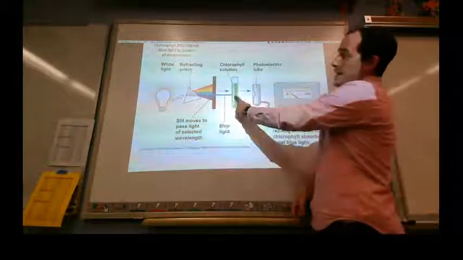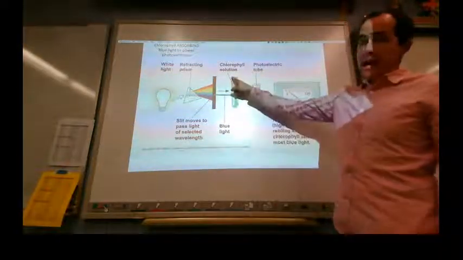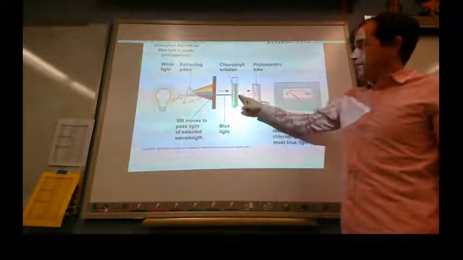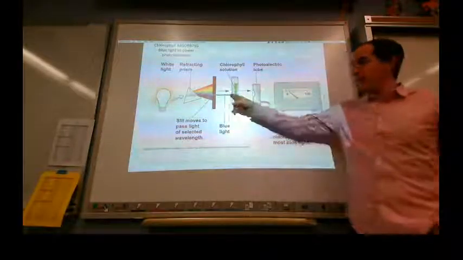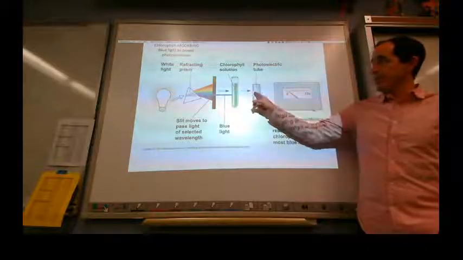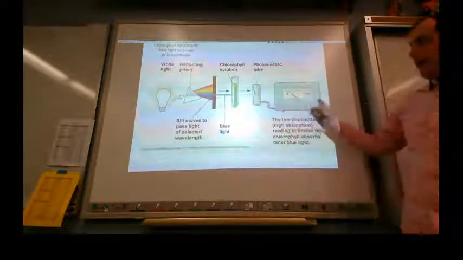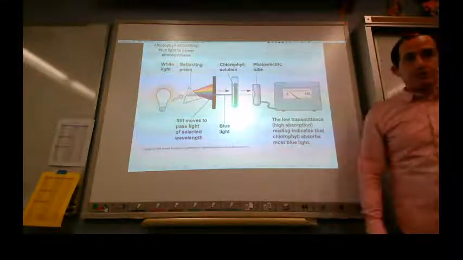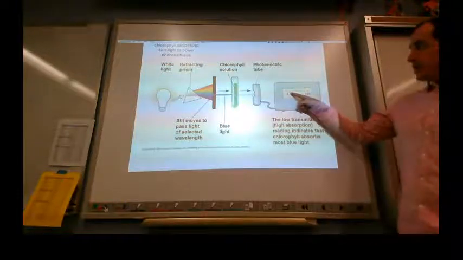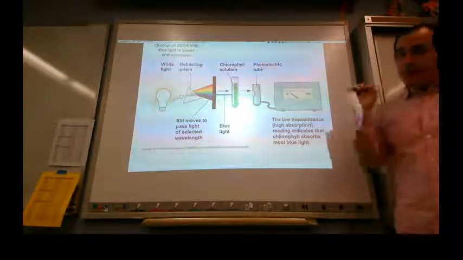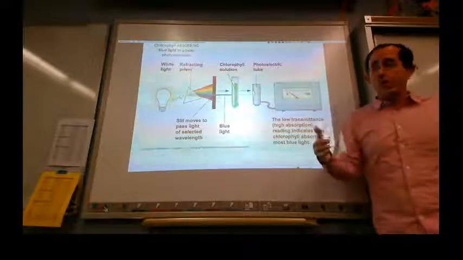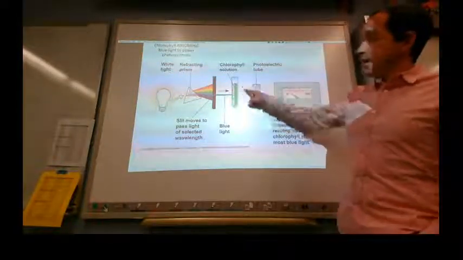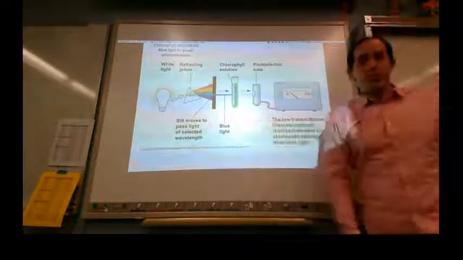The blue light is going to hit our chloroplasts, and a very small amount of that blue light is going to pass through the chloroplast and get picked up by our absorption spectrometer. So what it shows is a very small amount of that light is passing through. That shows us that the light is being absorbed by the chloroplasts.